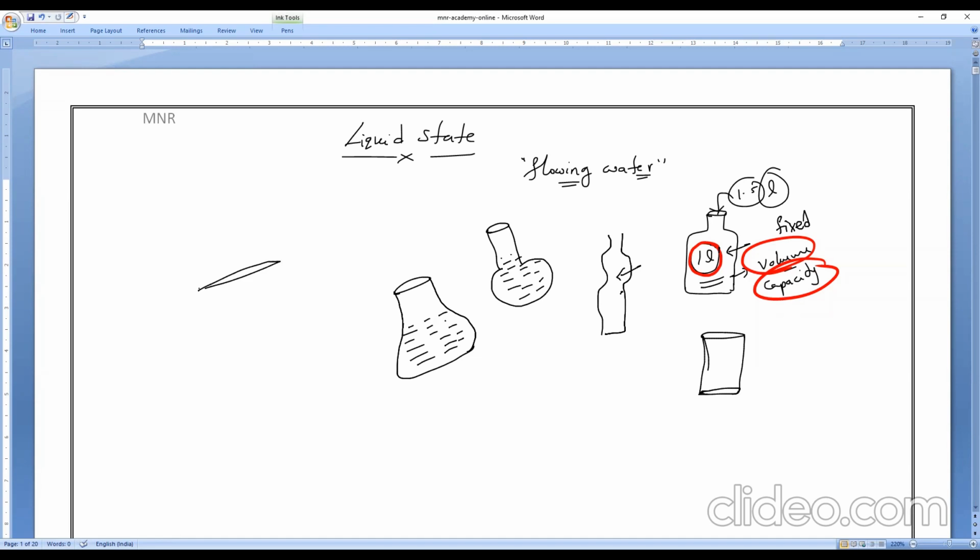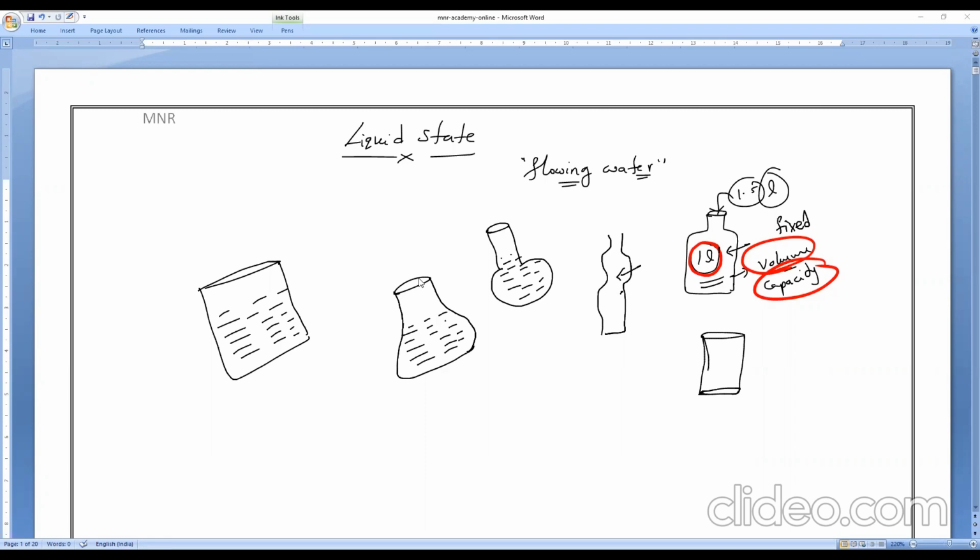If I have a beaker like this, it will obtain the shape of the beaker. So from this, you can tell me, is there any fixed shape for liquids? All of you? No, sir. Yes or no? So liquids have no fixed shape. Based upon the type of container, they will obtain its shape.